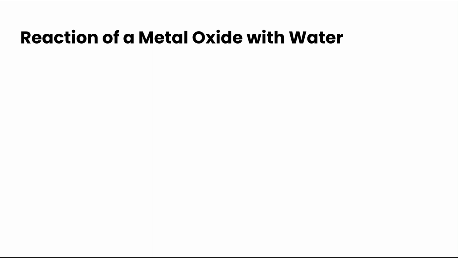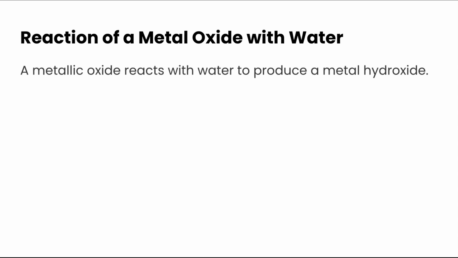What's interesting then is if we take these oxides and place them in water, we actually see some different results based on what we're reacting. So let's look at metal oxides first. When we take a metal oxide and react it with water, we're going to produce a metal hydroxide. And remember, hydroxides are bases.